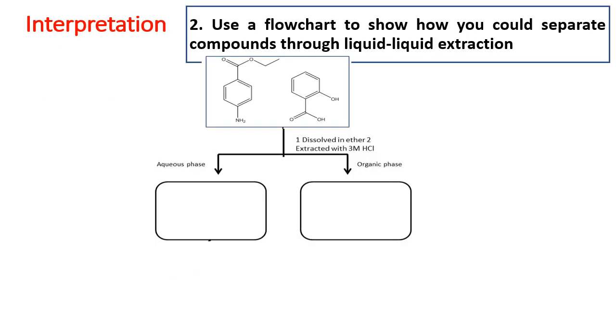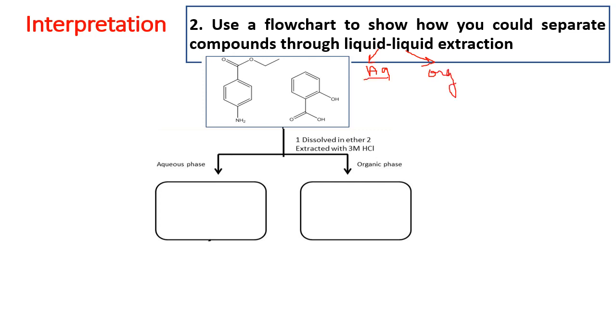Now we will check the second part in our interpretation. If we want to use a flow chart in order to explain how we can separate two different compounds by liquid-liquid extraction using the separating funnel that we have previously explained. Let's look. In order to separate two compounds, we need to check the nature of those two compounds so that we can separate them within two liquids where one of them would be an aqueous liquid and the other would be an organic liquid.